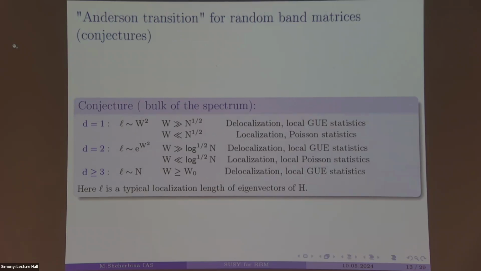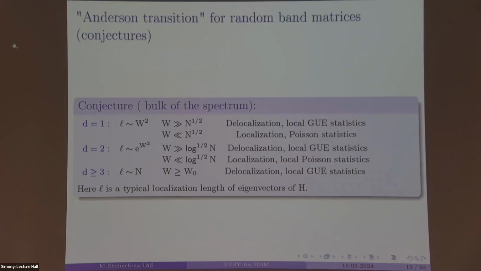And now, why are band matrices so challenging for random matrix theory? Because it is expected that they demonstrate the so-called Anderson transition. For d equal to 1, it is expected that for W bigger than n^{1/2} you have delocalization and GUE, and for W less than that, localization and Poisson.